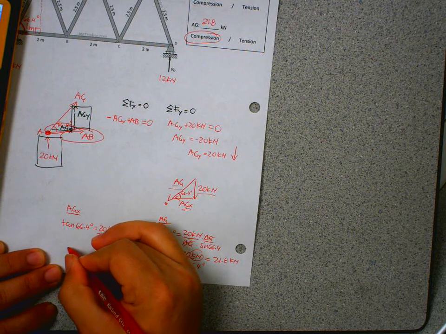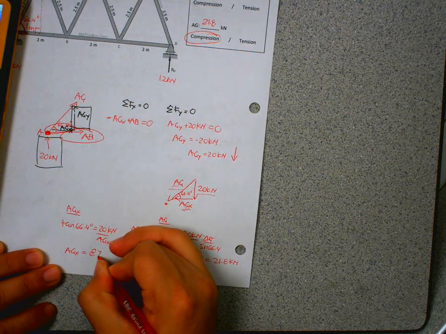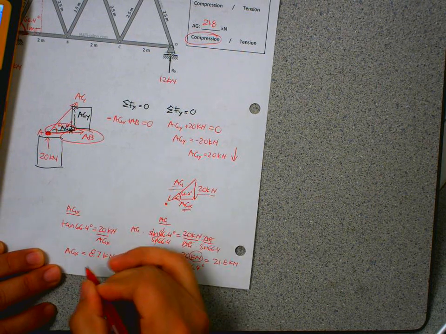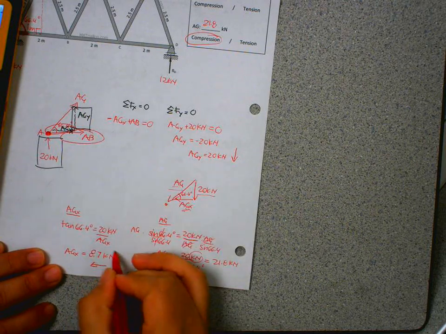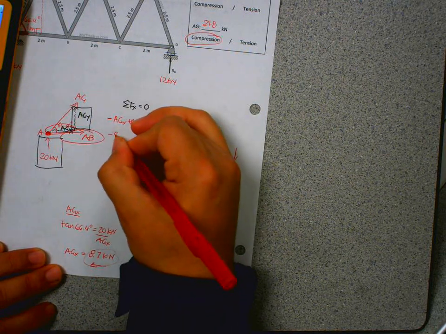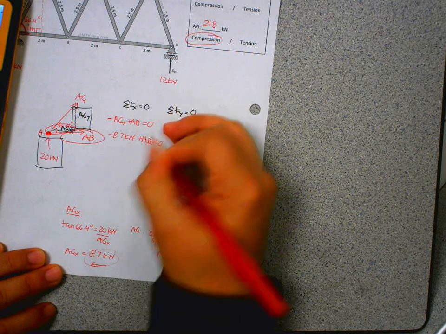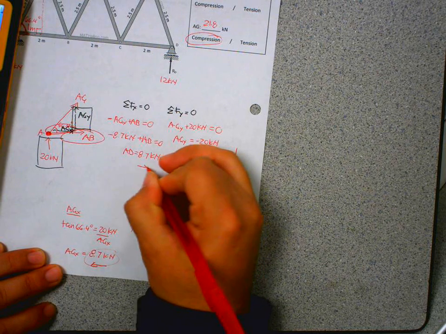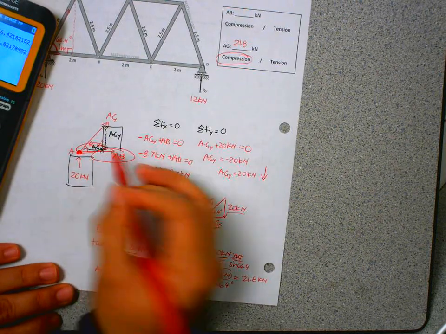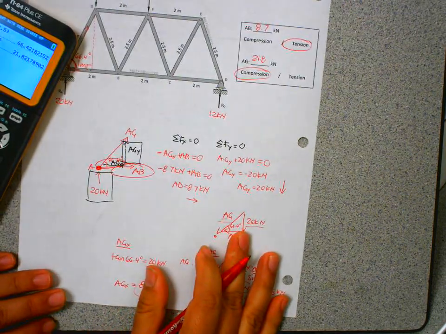And then when I do the math, I'll just write the answer because I did it separately. 8.7 kilonewtons, I knew it was to the left, right? So now I can plug this number in, negative 8.7 kilonewtons plus AB equals 0, AB equals 8.7 kilonewtons to the right, which means it was pointing away, which means it was in tension, and this magnitude is 8.7, and that's my answer.